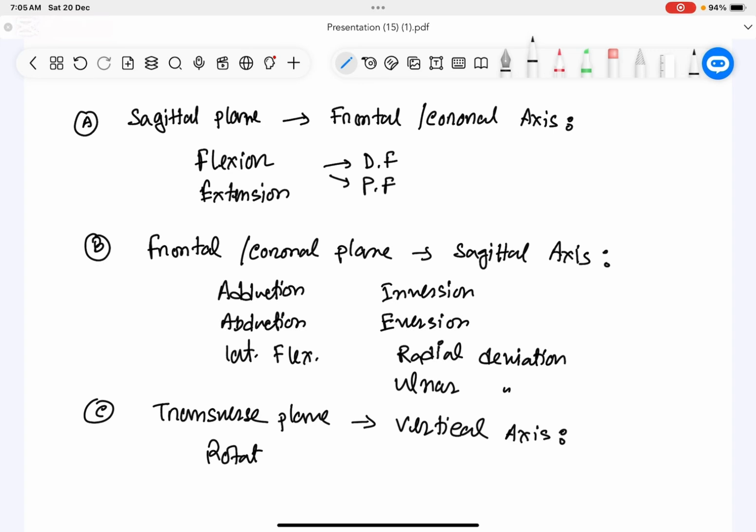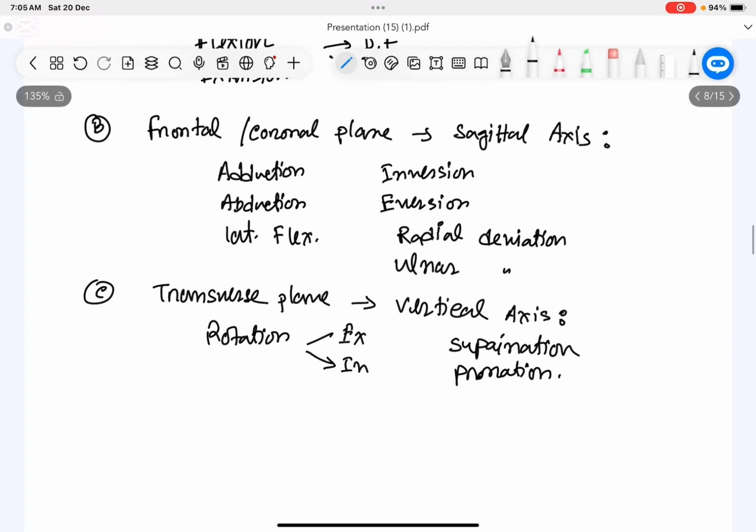So it can be external rotation, it can be internal rotation, it can be supination, it can be pronation. So that's all about the plane and axis in relation with the different movements.